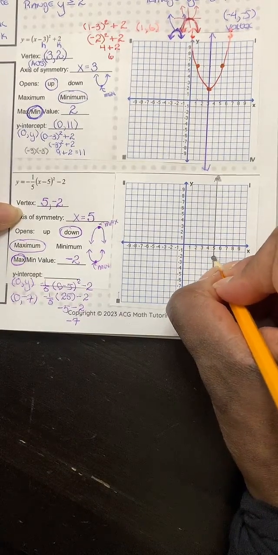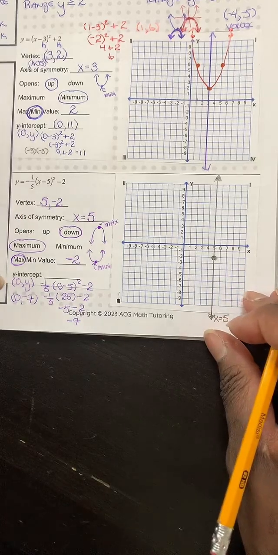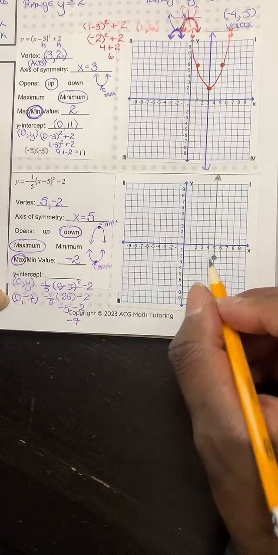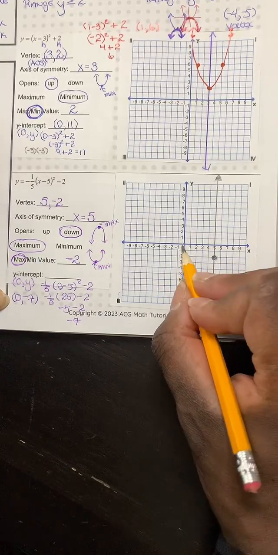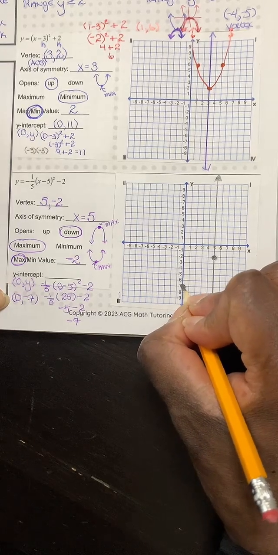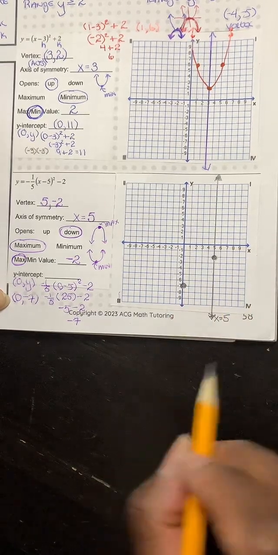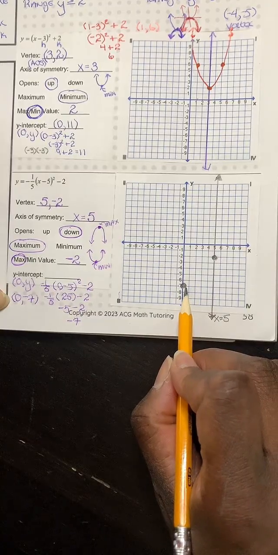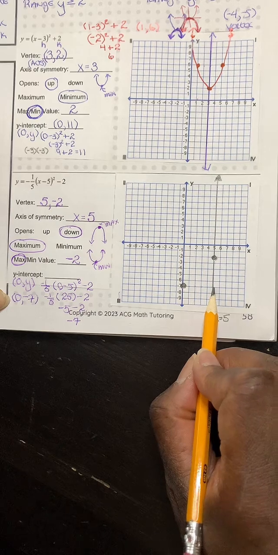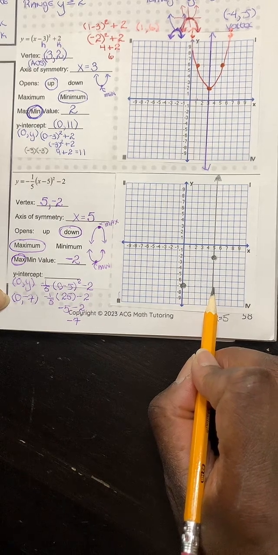So next thing that we have is our y-intercept. So our y-intercept was (0, -7). So starting here at the origin, just go down 7. So I notice -7 is 1, 2, 3, 4, 5 units away from that axis of symmetry.